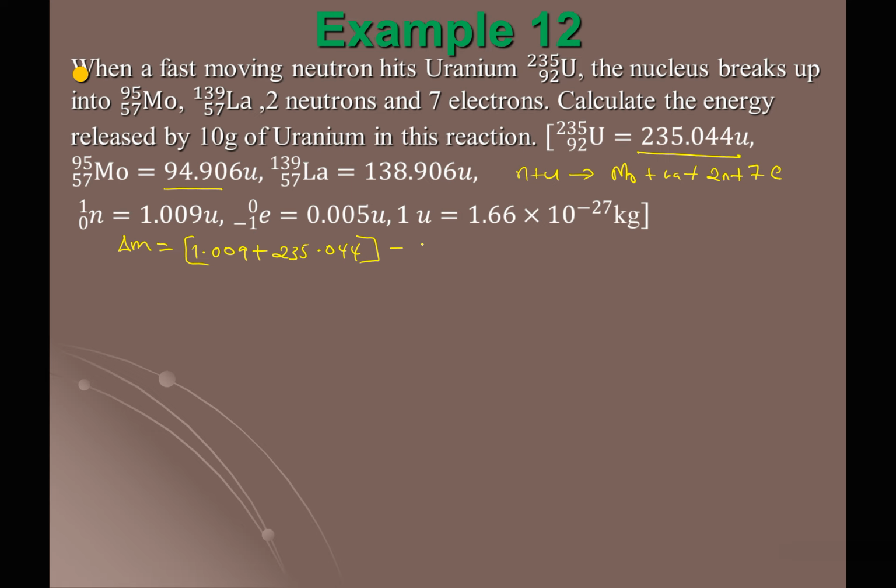On the right hand side I have Mo, whose mass is 94.906, plus La, whose mass is 138.906, plus 2 neutrons, so 2 times 1.009, plus 7 electrons, so 7 times 0.005.